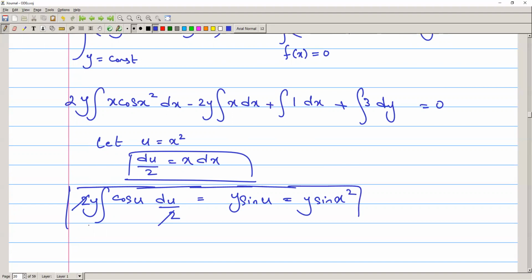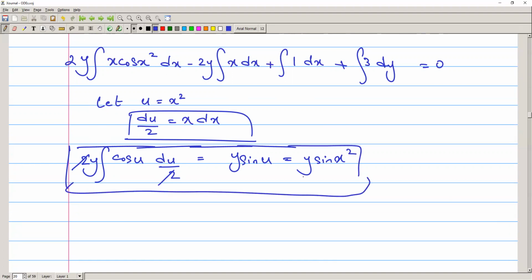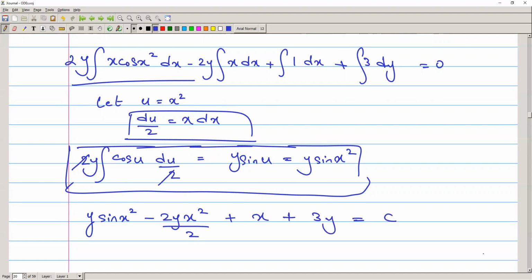So we can just write y sine x squared in place of this function. So the integral of this one will be y sine x squared minus 2y x squared over 2 plus x plus 3y is equals to c.